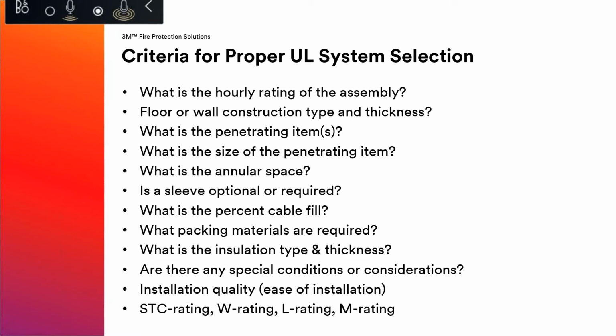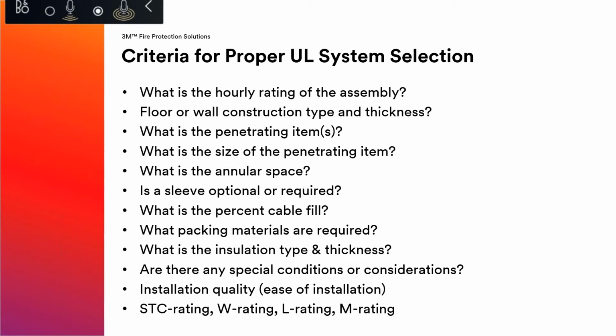Insulated pipes, insulated ducts: we need to know what type of insulation is on the pipe or on the duct, and the thickness of that insulation. The systems will then identify how to firestop, and whether or not a packing material or backing material is required, like a mineral wool. Some systems may require mineral wool, some systems may not.